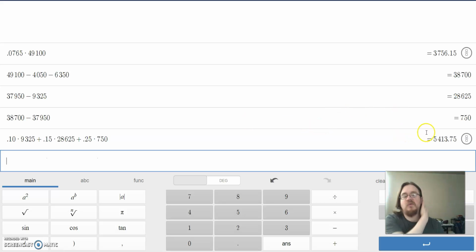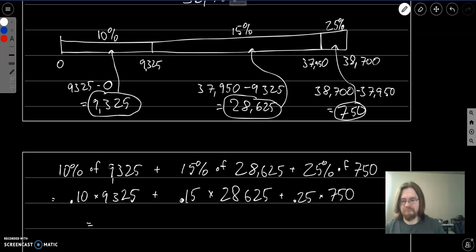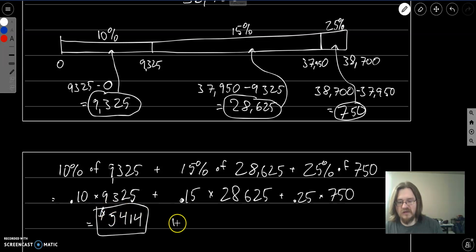So what we see here is we get 5,400, and if I round up to the nearest dollar to make sure that we pay all the cents, but we only want to pay dollar amounts, this will be 5,414 to make sure we include that extra 75 cents. And this is going to be their income tax.